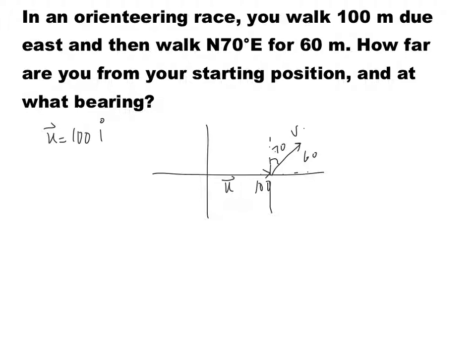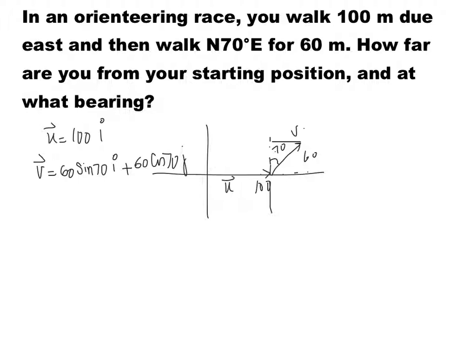We can write v as 60 sine 70, because this is your i component, so it's going to be sine 70 times 60i plus 60 cos 70j. So this is going to be my vector v.